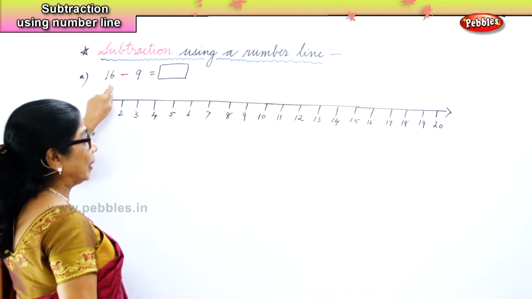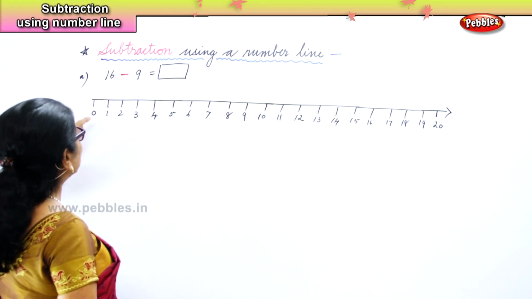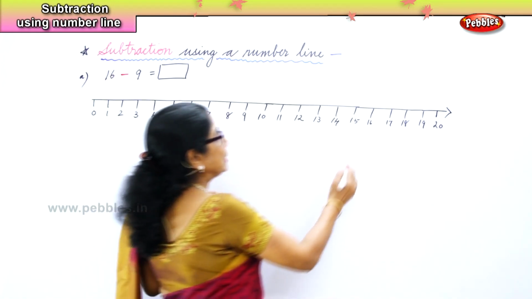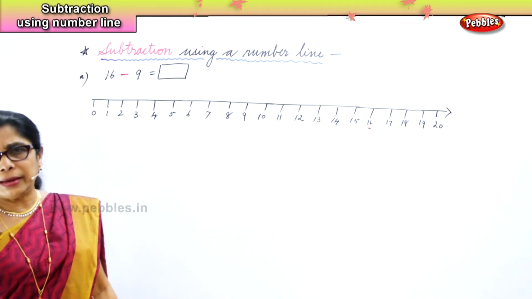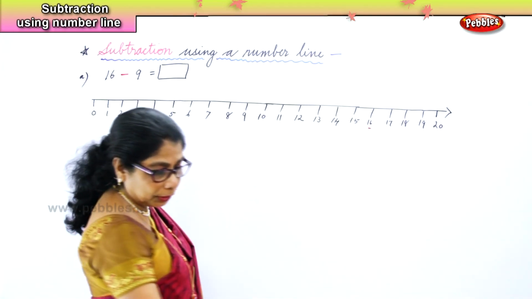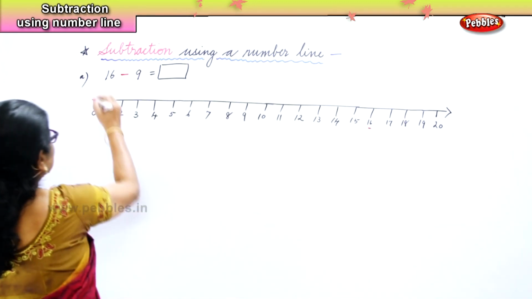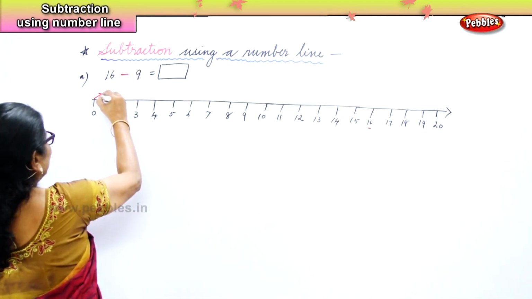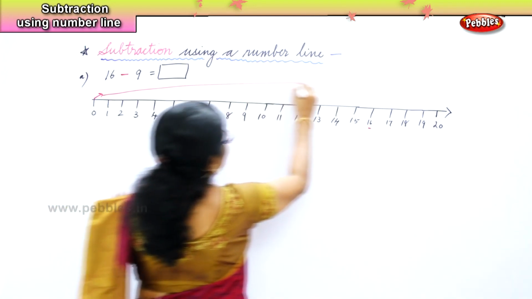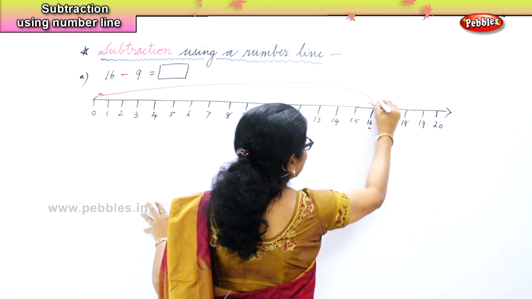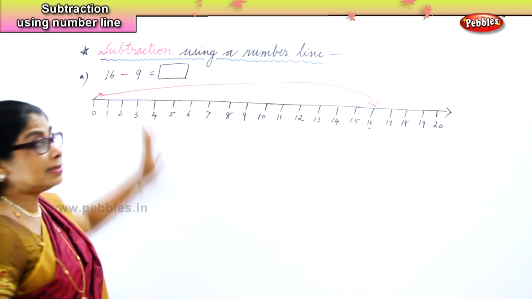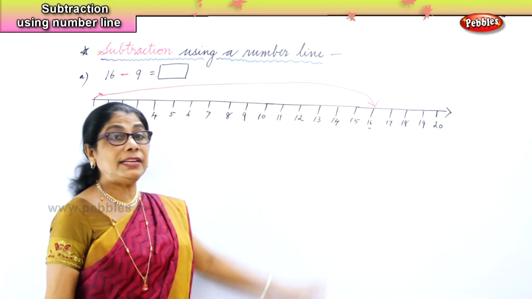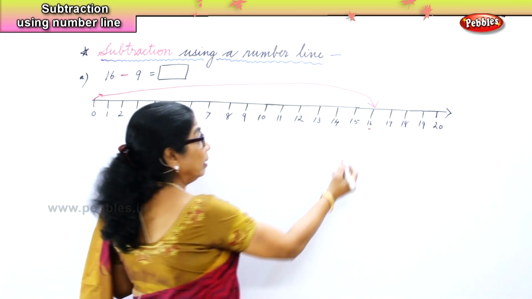In the case of subtraction, first from 0 to 16, you draw a line, the arrow jumps from the 0, keep going right up to 16. Then minus 9. From 16 you count 9.